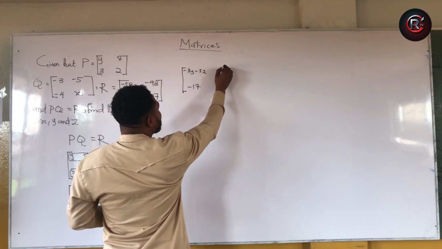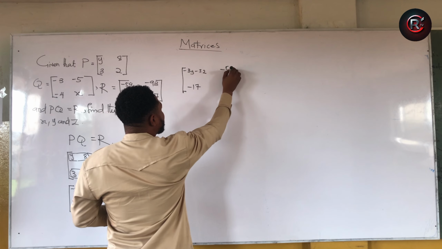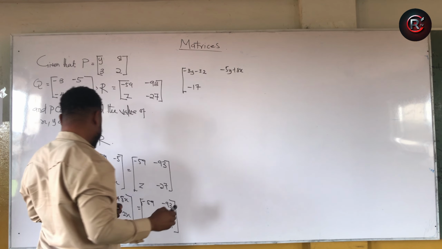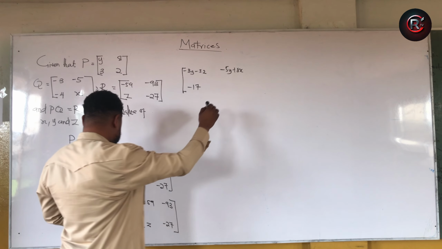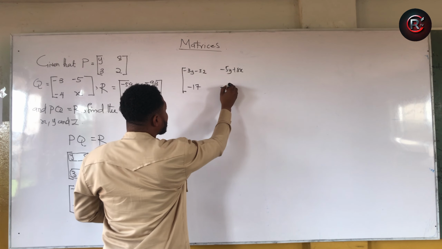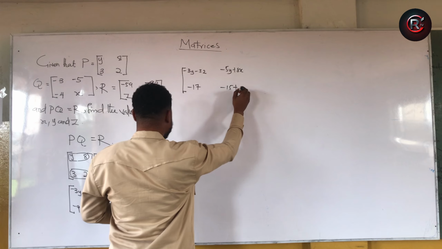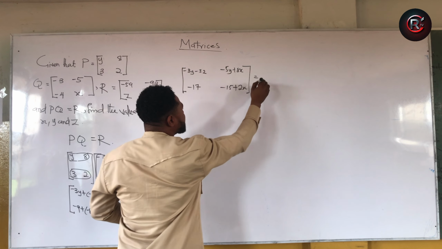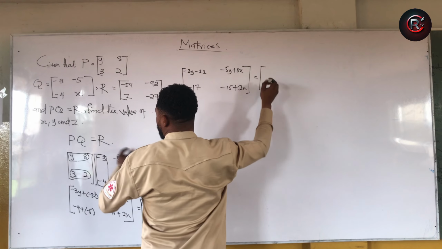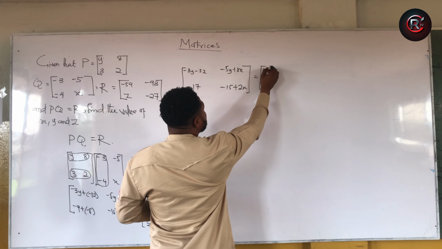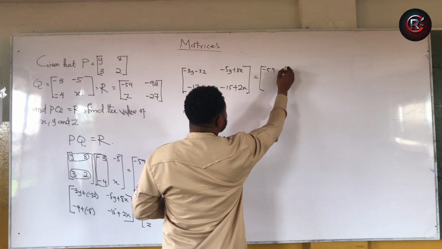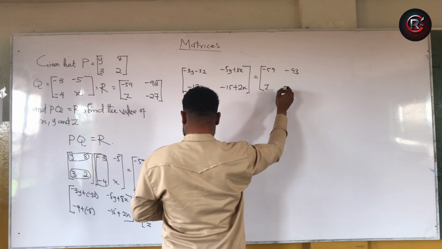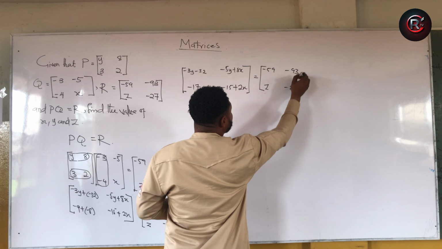Then -5y plus 8x, and this one will give us -15 plus 2x. Nicely, and it must be equal to our R, which is [-59, -93; z, -27].